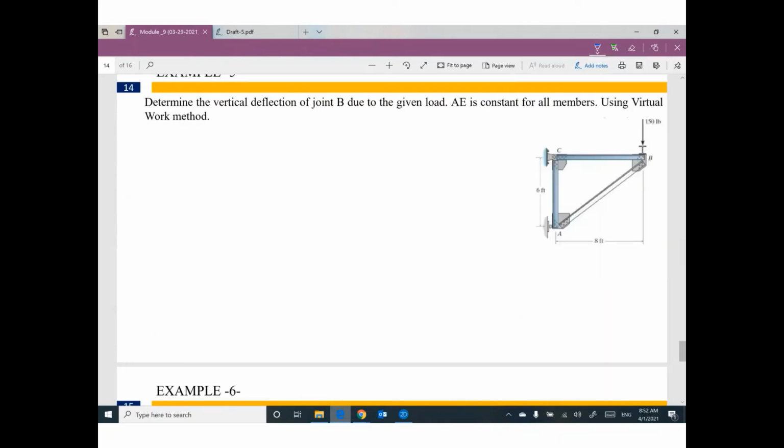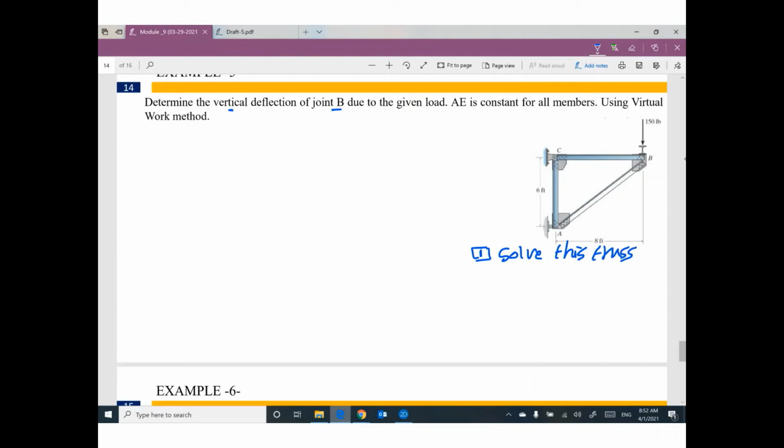We have truss, and we need to determine the vertical deflection at B using virtual work. Okay, regardless of what is required, first step, I need to solve this truss.